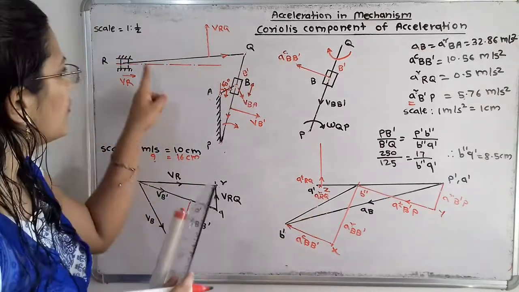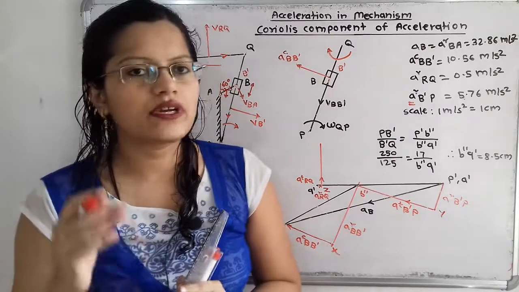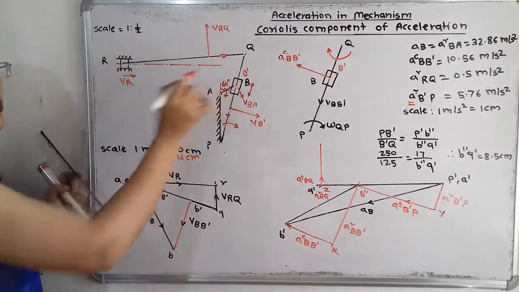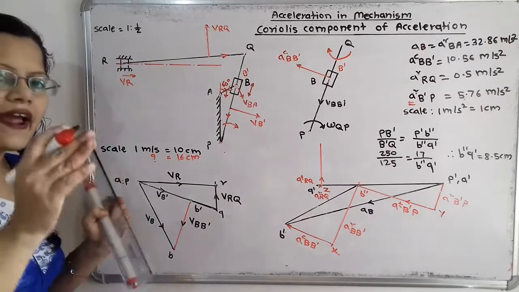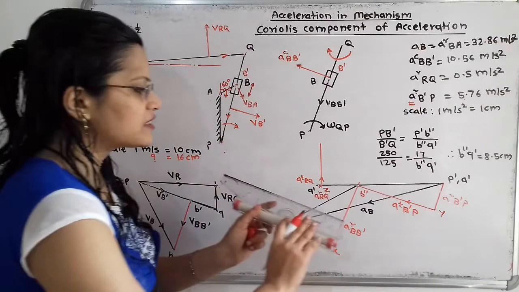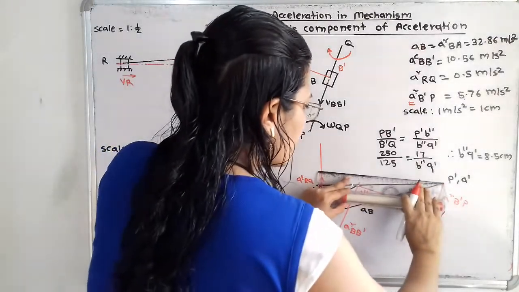Now how to locate the point R? If we observe, this point R is having reciprocating motion along the horizontal line, and this motion is with respect to the fixed point. So from this fixed point, draw one horizontal line.